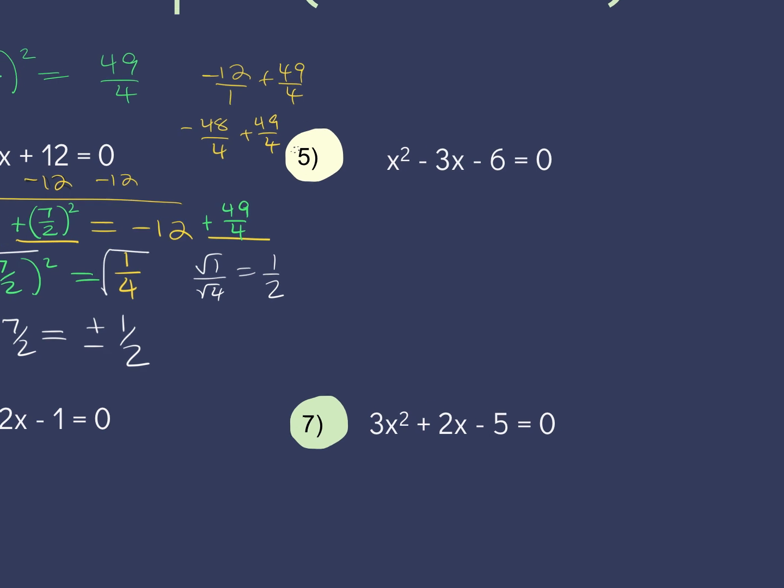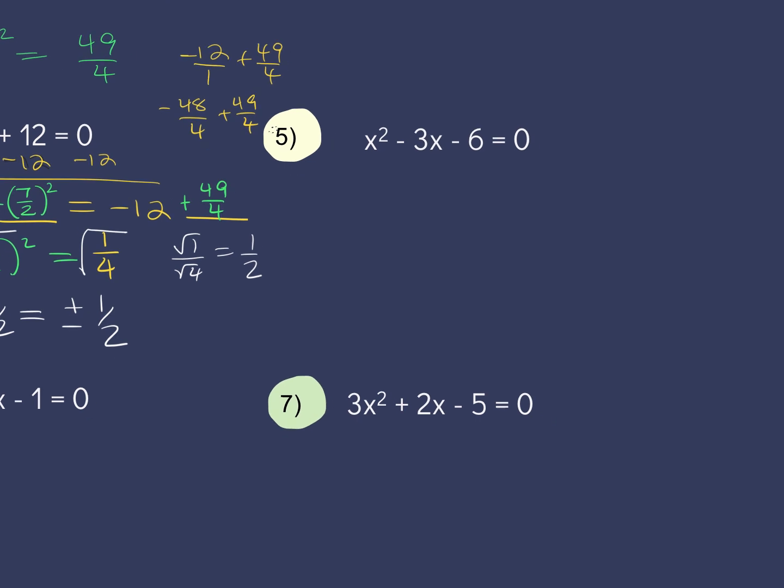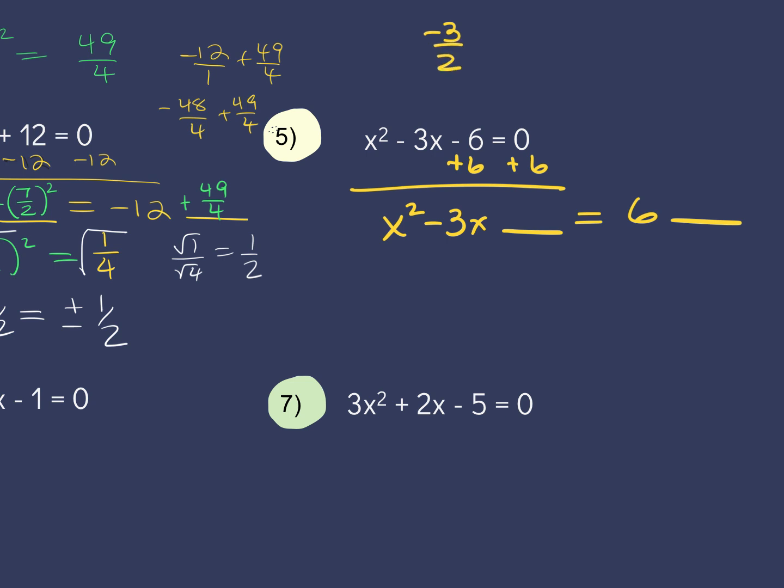So for number 5, same scenario. The number in front of x squared is a 1. So I'm going to go ahead and add the 6 to both sides. x squared minus 3x, blank space, 6, blank space. I'm going to take my b term, divide it by 2 and square it.